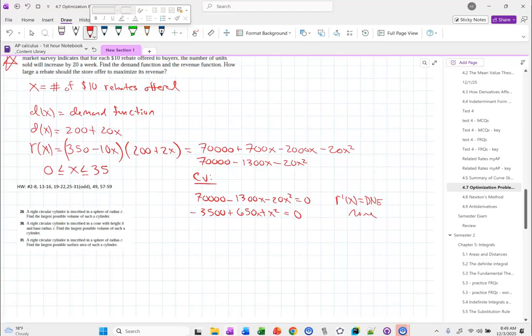So negative 650 plus or minus the square root of 650 squared minus 4 times 1 times negative 3,500, all divided by 2.